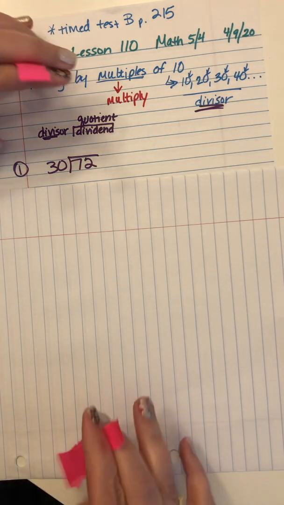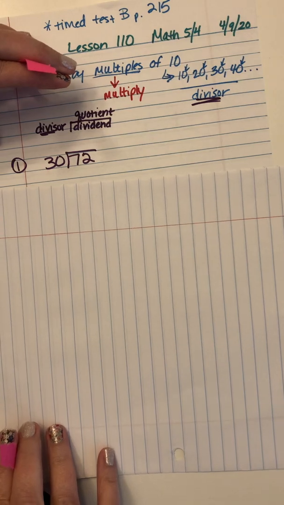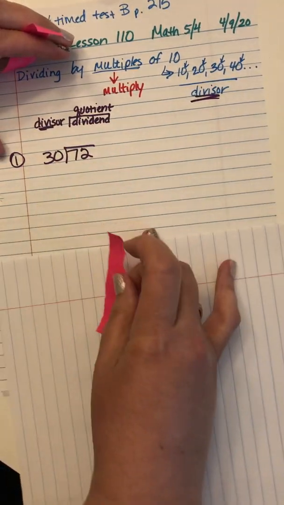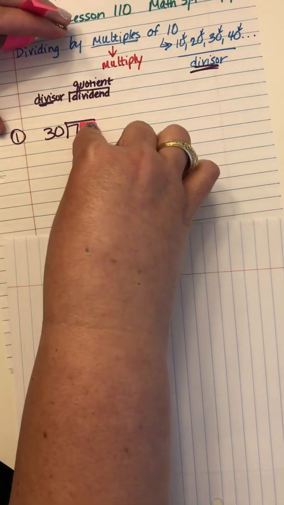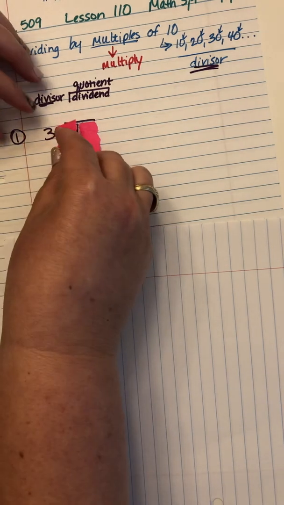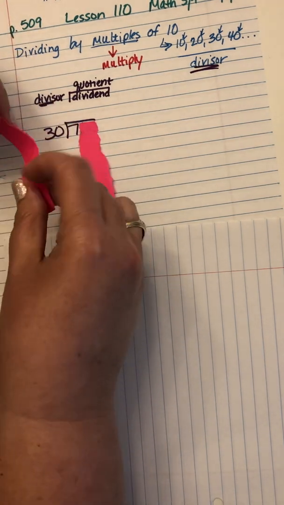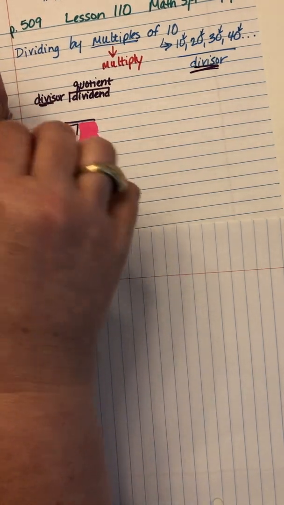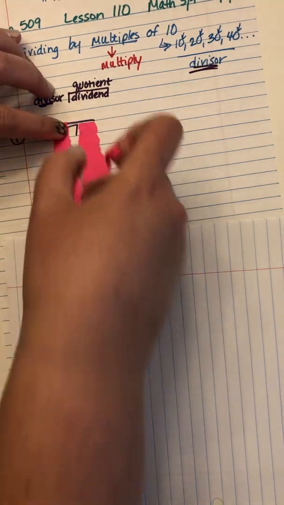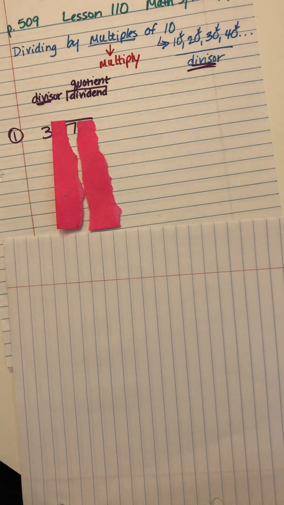Because 72 divided by 30 is a big number to start with, we're going to use our handy dandy sticky note. We're going to cover up that 2 to start with, and we're going to cover up the 0, okay? So that's what we're looking at to start with.